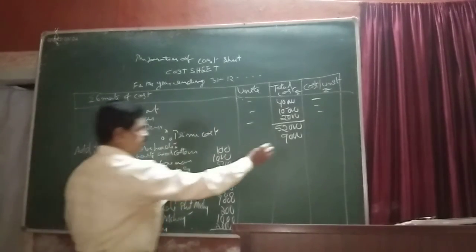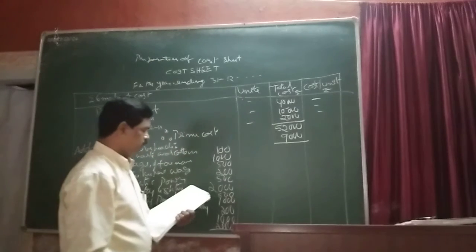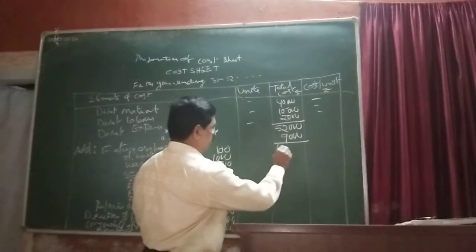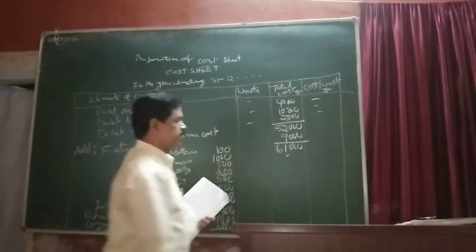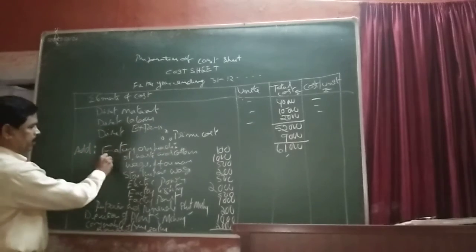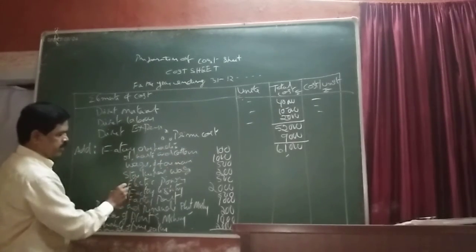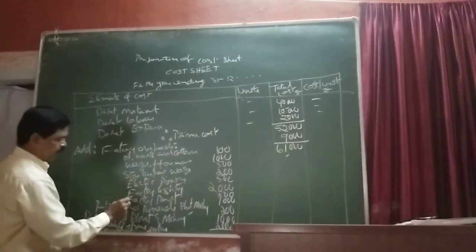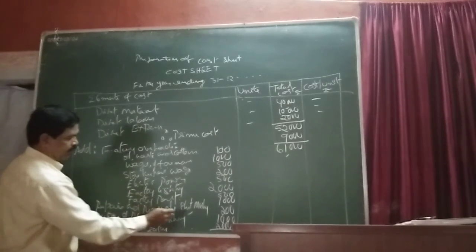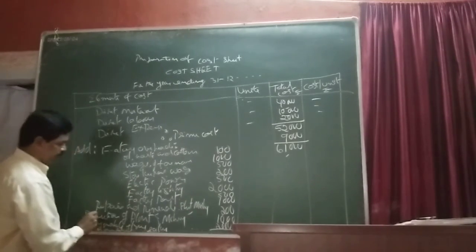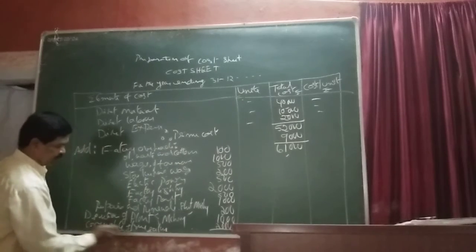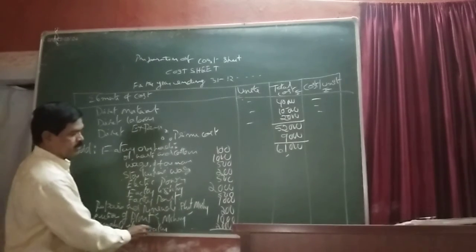After adding this, the total is now 61,000. See here, factory overheads: oil, waste, cotton, wages of foreman, storekeeper's wage, electric power, factory lighting, factory rent, repairs and renewals to plant and machinery, depreciation on plant and machinery, consumable stores, then manager's salary.